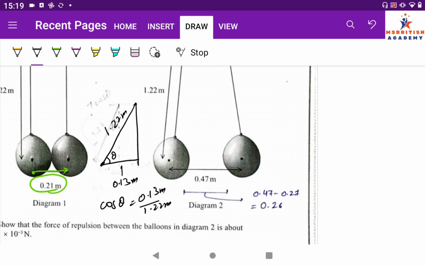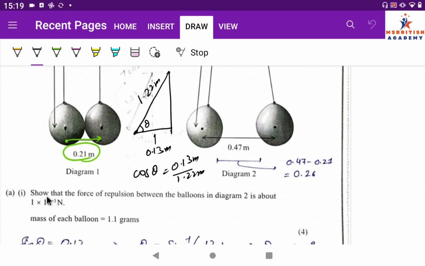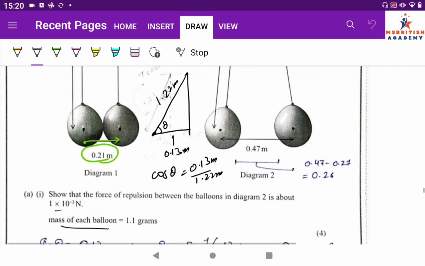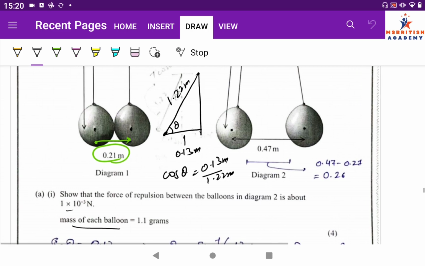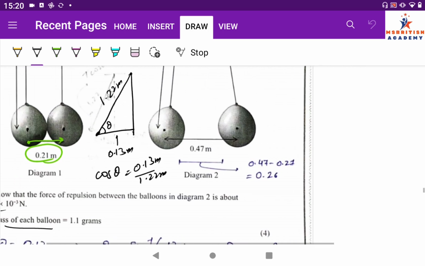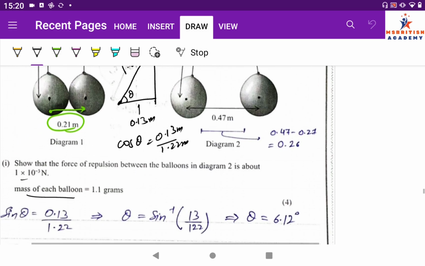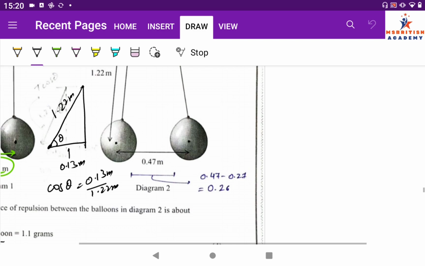But what we have to show is that the force of repulsion between the balloons in diagram 2 is about this, and the mass of each balloon is this. So we have to show the repulsion force here. So make a diagram. Let's suppose the diagram is like this.